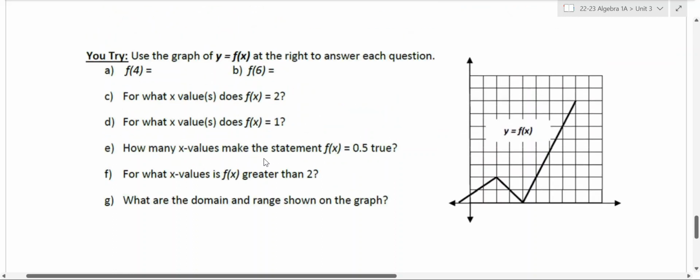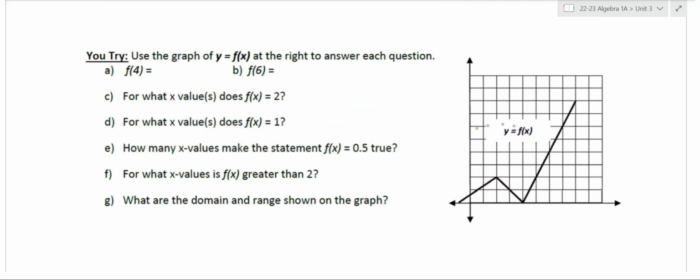All right, let's do this again. Use the graph of y equals f of x, right? So y is a function of x, so that means x is here, and this is y, or what we consider f of x, okay? To answer the question, f of 4.